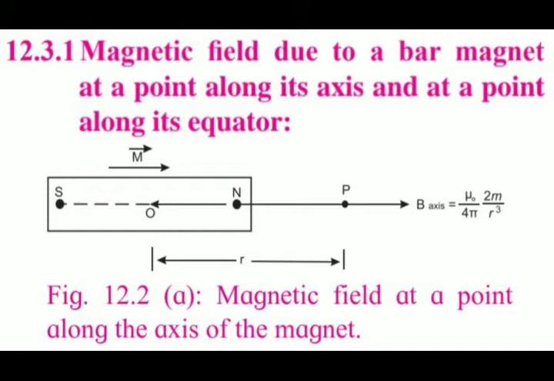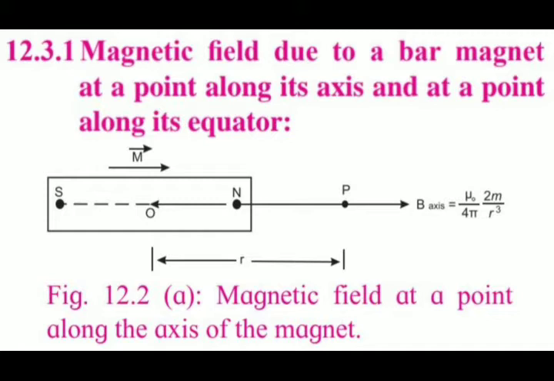As usual we know that the center of a bar magnet is O, and a bar magnet has 2 fictitious poles, south pole at the left hand side and north pole at the right hand side, and the distance of the point that we have considered on the extended axis, that is P, to the center of the bar magnet is given as small r.